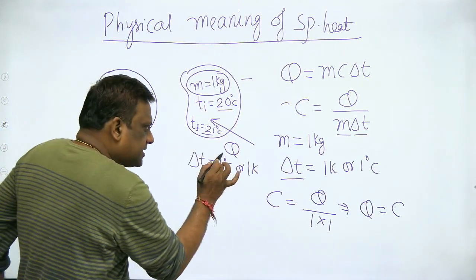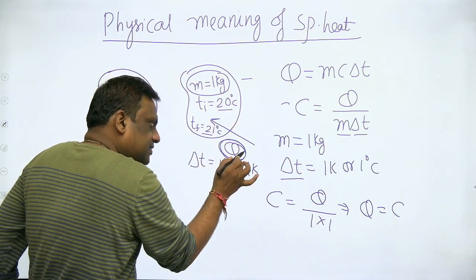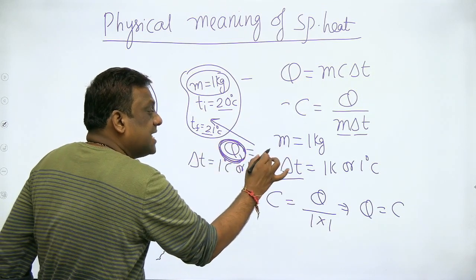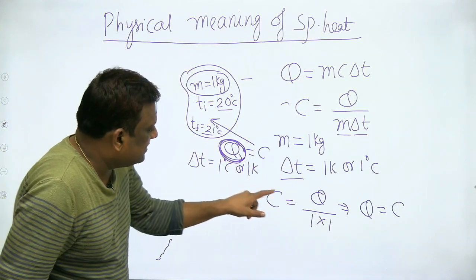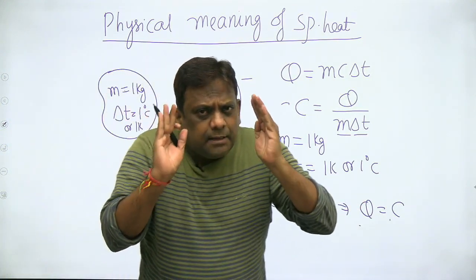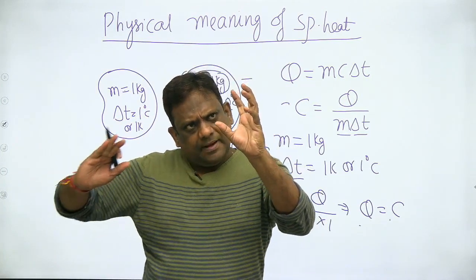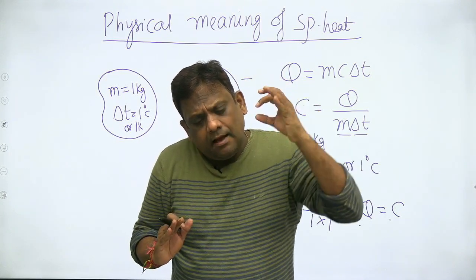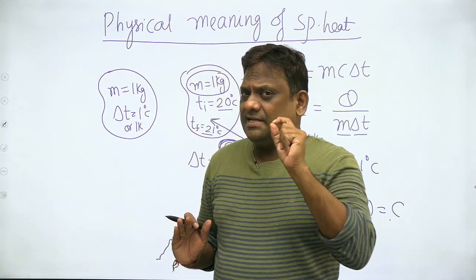In this case, whatever heat you are supplying, that heat we call specific heat. So when can I call that heat specific heat? You take unit mass of the substance, 1 kg. You supply heat. On that 1 kg, how long are you supplying? Until the temperature difference is 1 degree centigrade or 1 Kelvin.